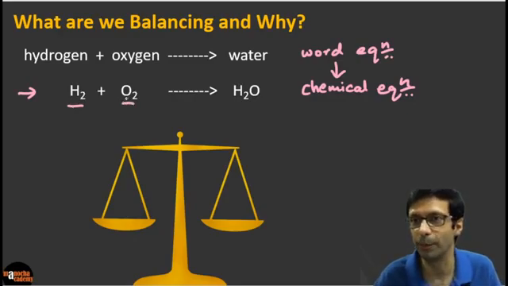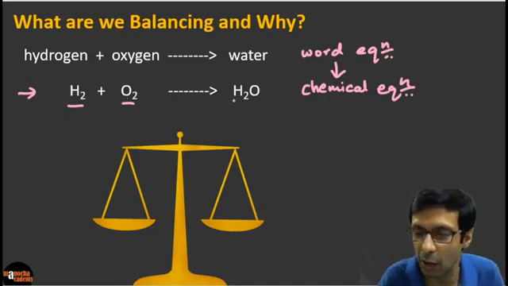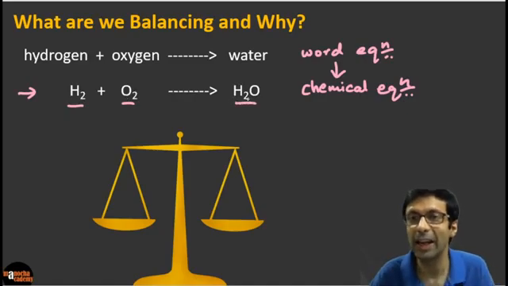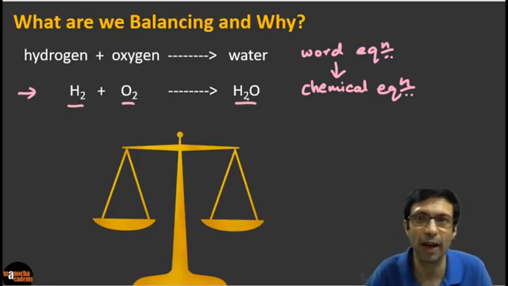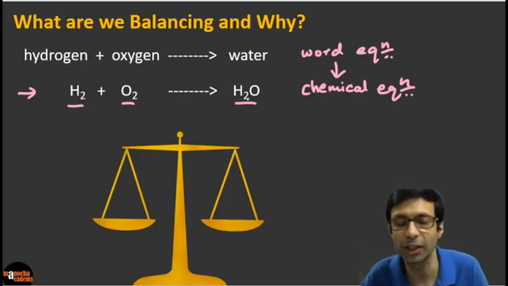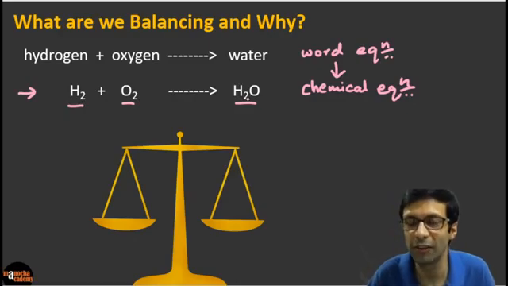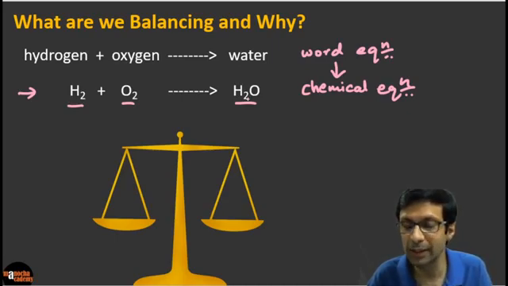We don't write O because the atomicity is 2 for both hydrogen and oxygen. And one molecule of water is H2O. So it's not H2 plus O2 gives H2O2, because based on valency, the molecule is H2O. I'll share a link, or you can just search chemical equations and reactions Manocha Academy, and you'll find that video. So this is what is known as a chemical equation.